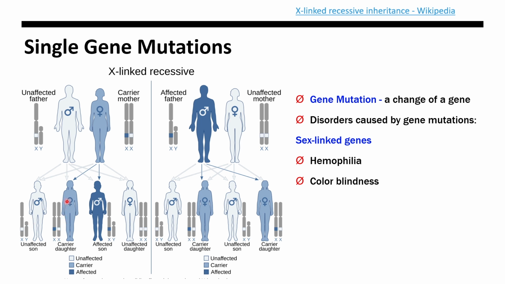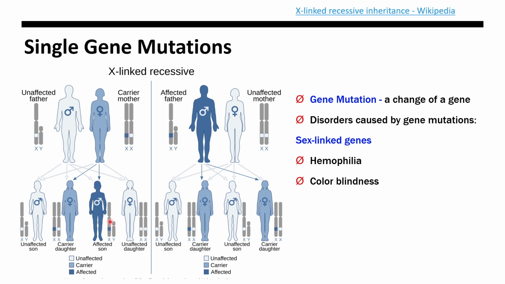This daughter gets the mutated chromosome, the disease copy, from the mother and a healthy X copy from the father. Since she has 1 copy, she acts as the carrier. This son gets a Y chromosome from the father and the diseased copy from the mother.